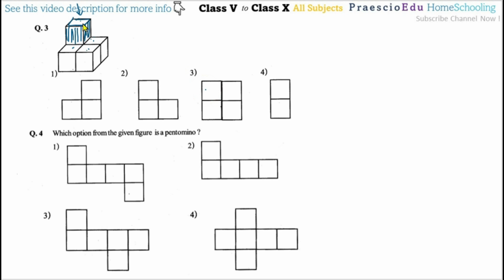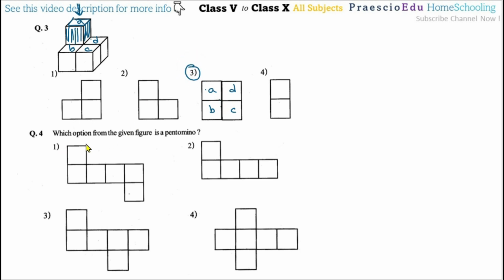Let me mention this is A, so A is here. This is B, so B is here. This is C, C is here, and this is D, so D is here. So if we observe from the top, we will see this shape. So option number 3 is the correct one.